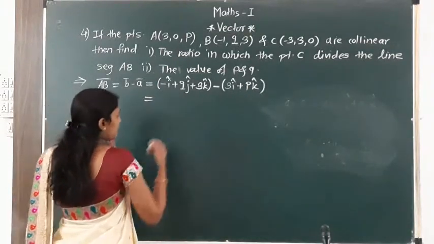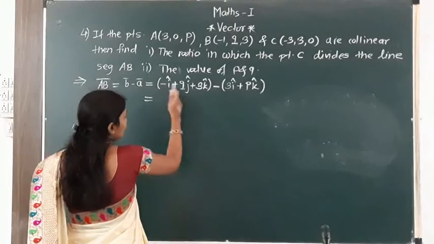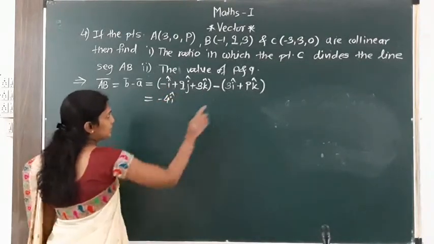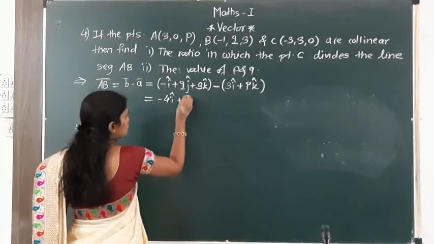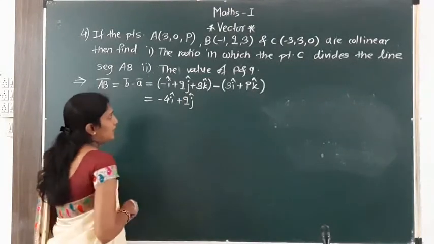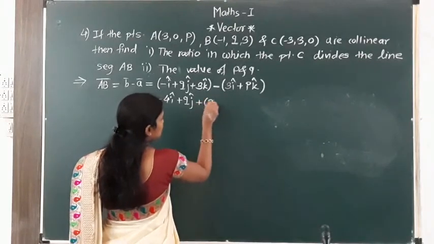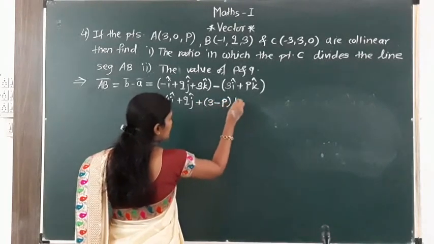If we subtract these two, minus 1 and minus 3 gives minus 4i cap. The j cap term is absent in A, so plus Q j cap, and 3k cap minus P k cap, that is plus (3 minus P) k cap.